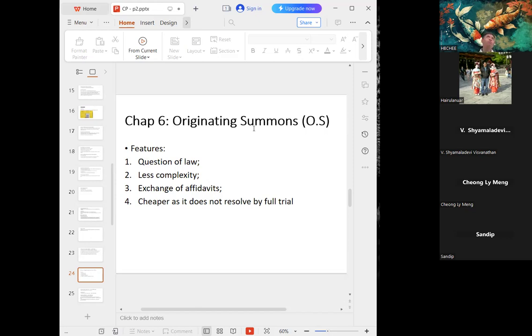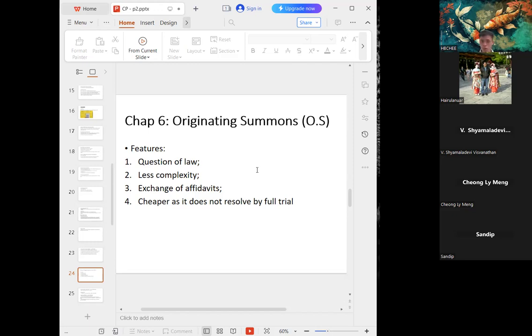Comparatively, with writ of summons, this one is cheaper. And in this one, no witness is required. Everything is quite straightforward because it's a question of law. Everyone still remembers my joke on question of law and question of fact, right?